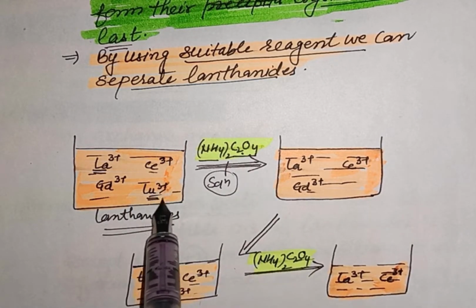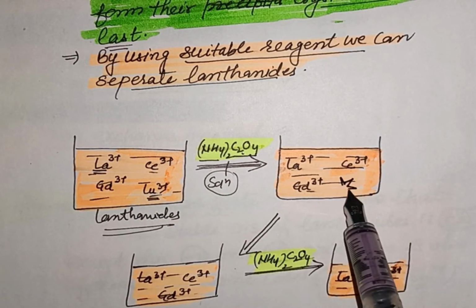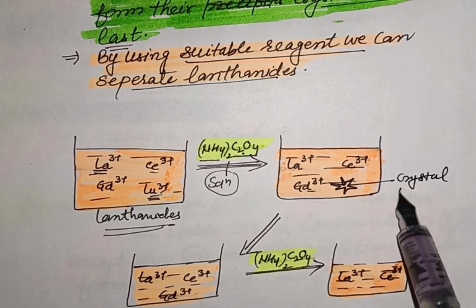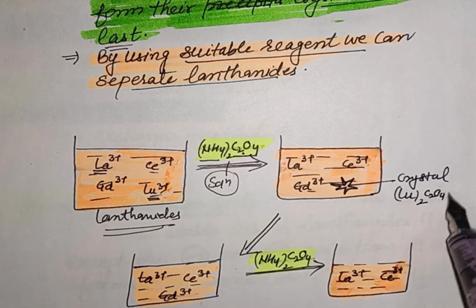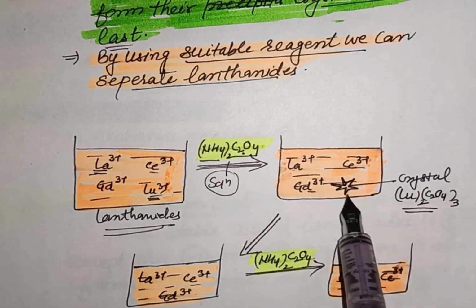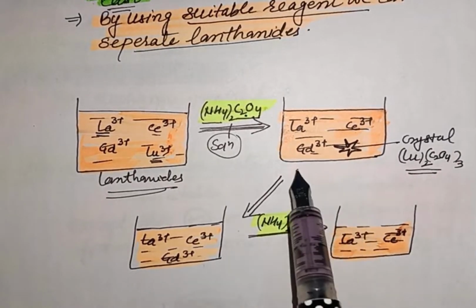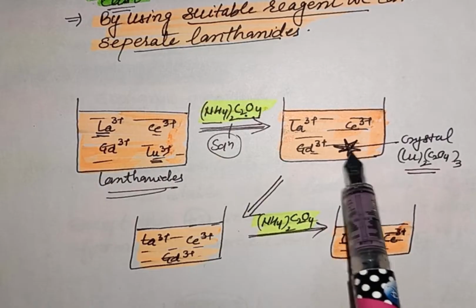We know that lutetium oxalate is least soluble, so lutetium oxalate will form its crystals. These are the crystals of lutetium oxalate, Lu2(C2O4)3. We can separate this crystal from the rest of the solution. Now in this solution we have all the lanthanoids except lutetium, which has been separated out.